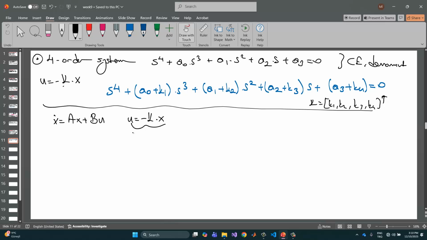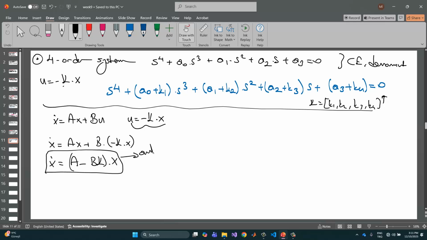And so just put this equation like this one: Ax plus B times minus Kx, right? And so x dot equals, in this domain, (A minus BK) x, right? Just see that this is autonomous, right? Now we have K, so it can access everything.